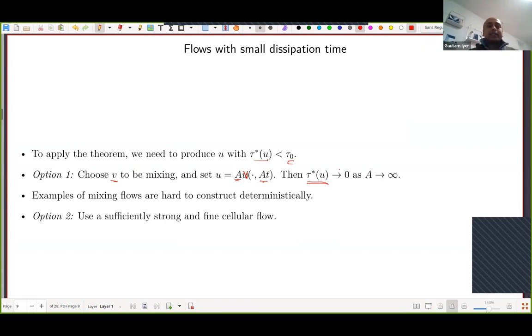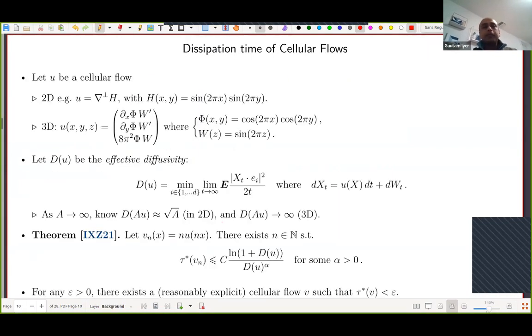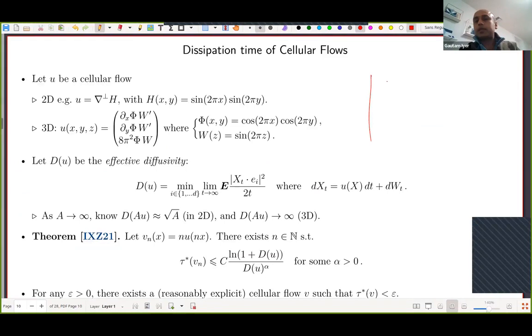So since these examples are hard, here's another option. Maybe I can use something explicit. How about a cellular flow, which is both strong enough and fine enough? Indeed, we have a theorem in the same paper with Andre and Shao. Take a cellular flow, which to this audience I assume is well known.